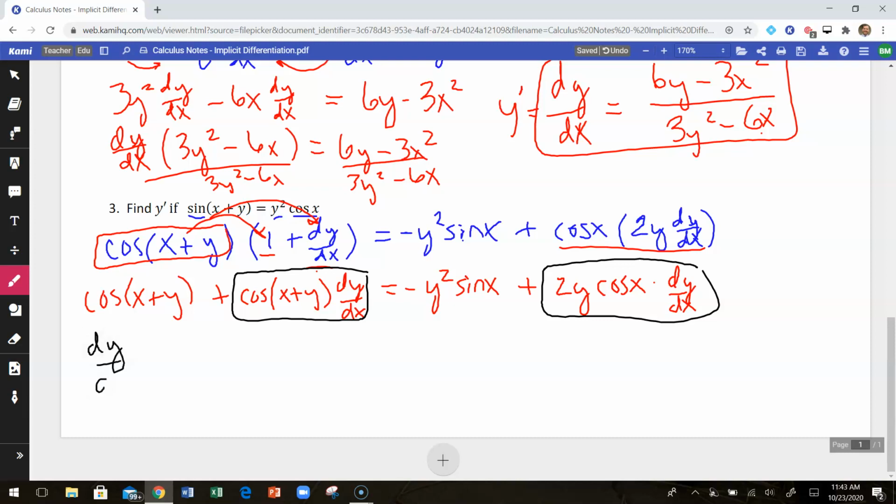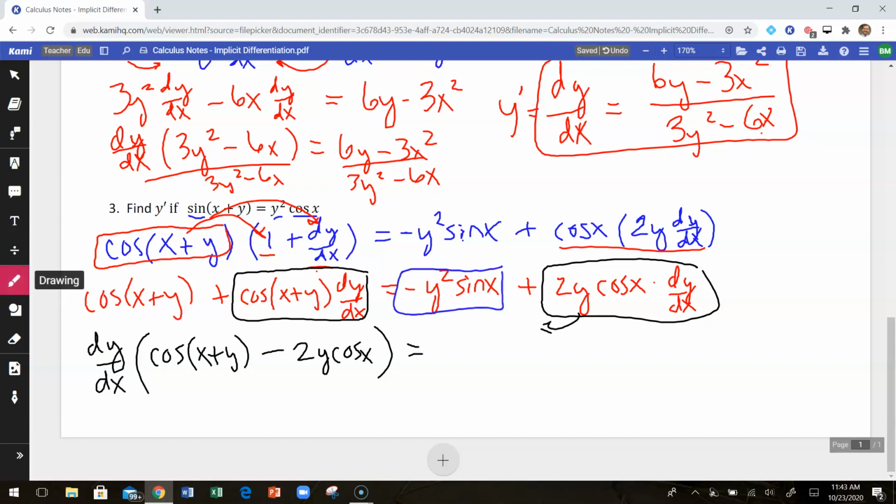So I would have dy over dx times cosine of x plus y minus, because I've got to subtract this over, minus 2y cosine x equals, and then the other two terms, this is still on the right side, negative y squared sine x, but this also has to get subtracted over, so minus the cosine of x plus y.